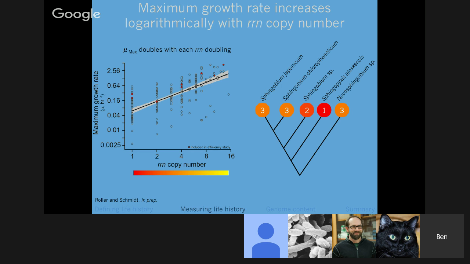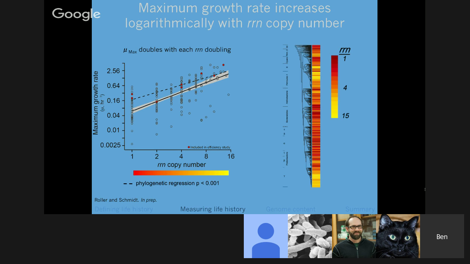But if we look now at what we know for all bacteria, so here we're going to look at thousands of bacterial genomes and where we know the ribosomal RNA operon copy number, we start to see some really broad and big patterns. So what I'm showing here on this tree on the right is a heat map. So essentially the number of ribosomal RNA operon copies is indicated by the darkness of the color.